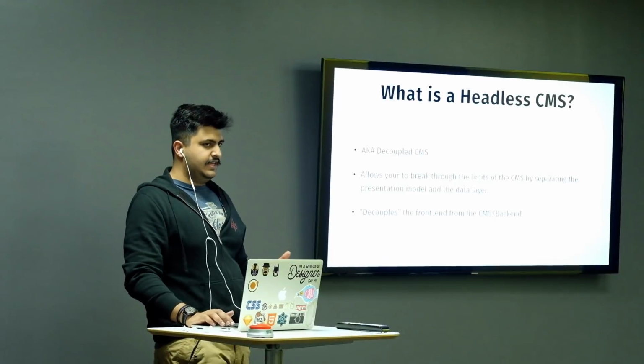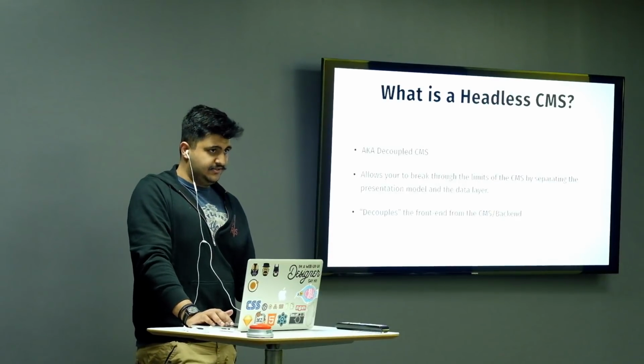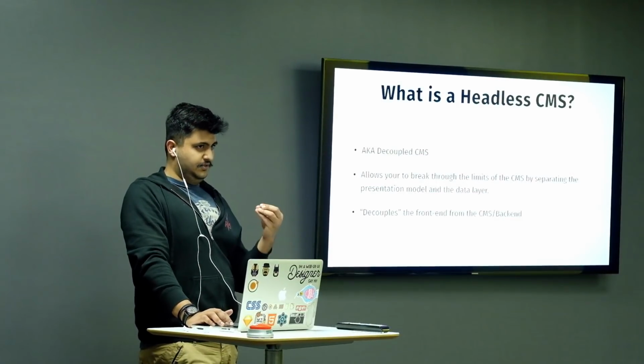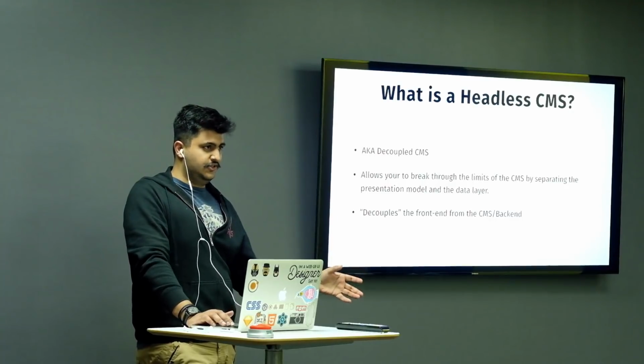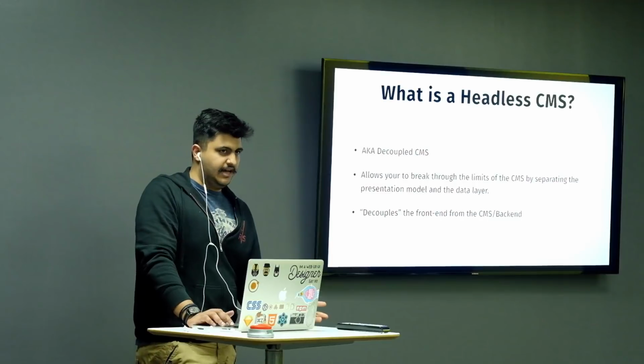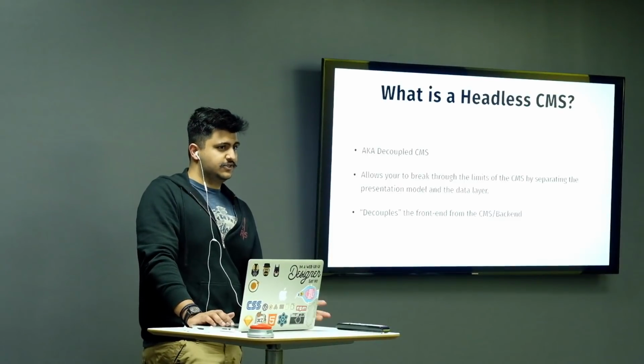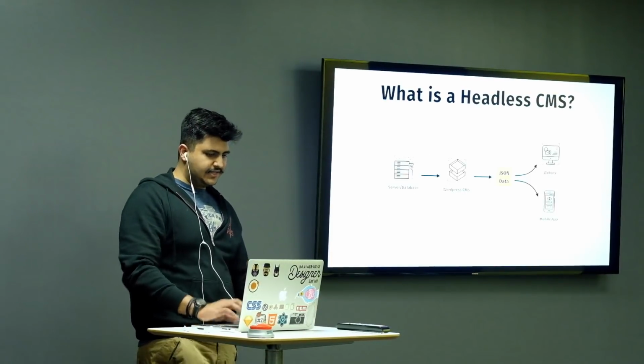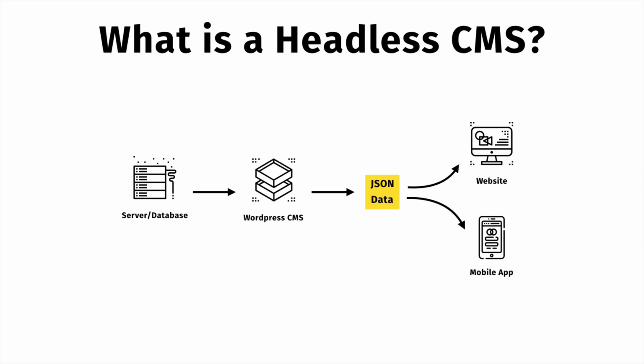A way to do that is through a REST API, which is the way it presents you that data. REST APIs usually output a JSON file, which is a JavaScript file. This is how it works. If you're using a headless CMS, you have your server, database, and hosting wherever you're hosted.